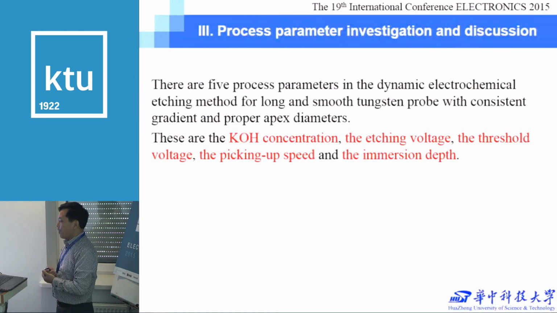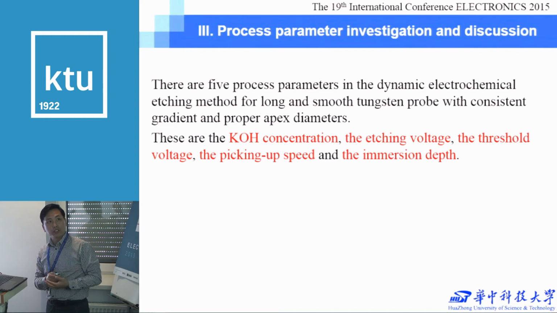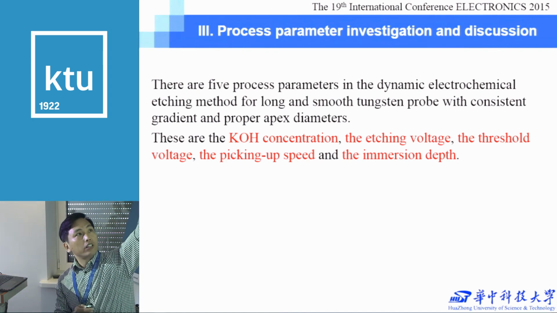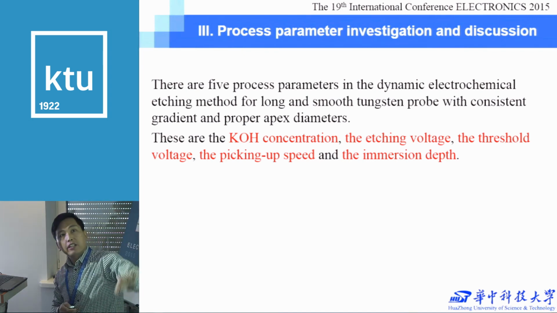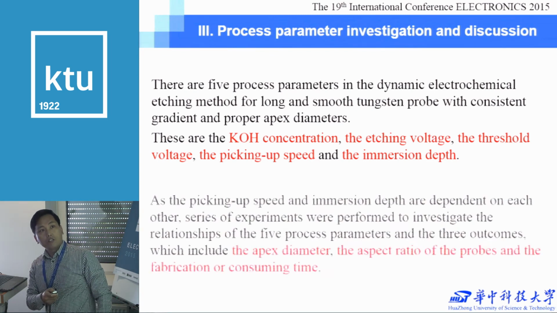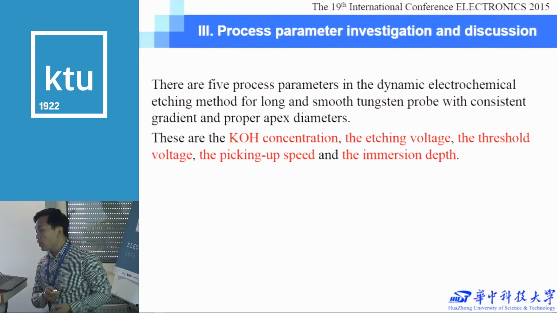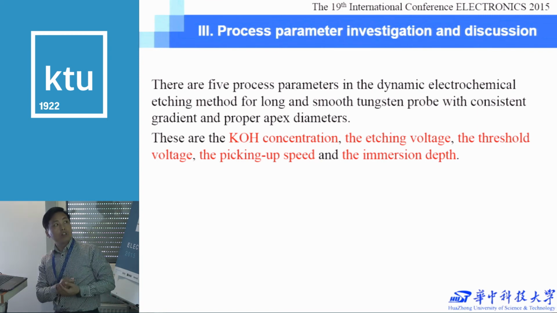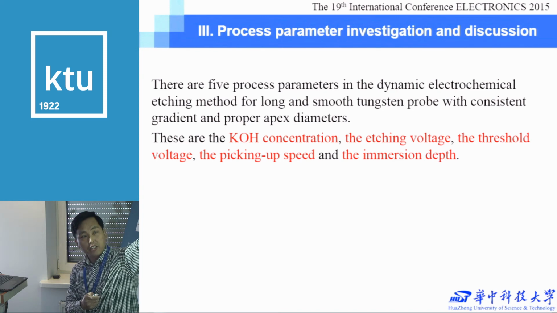There are 5 processing methods. Sorry, maybe it's 4, in the dynamic electrochemical etching method for this tungsten fabrication. These are concentration, etching voltage, threshold voltage, picking up speed, and immersion depth.